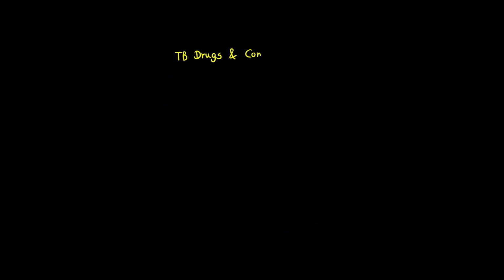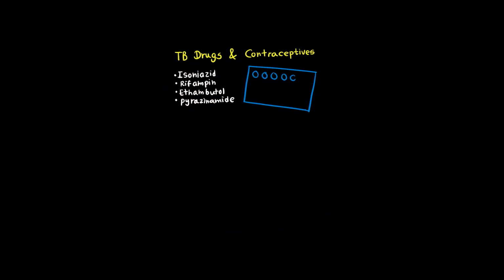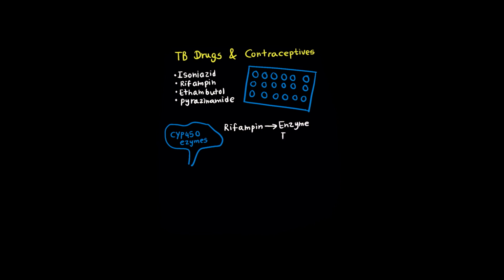Drug interactions in tuberculosis treatment require careful consideration of contraceptive effectiveness. TB treatment involves 4 drugs: isoniazid, rifampin, ethambutol, and pyrazinamide. Rifampin is a potent inducer of cytochrome P450 enzymes in the liver. These enzymes metabolize many medications, including oral contraceptives containing estrogen and progesterone.